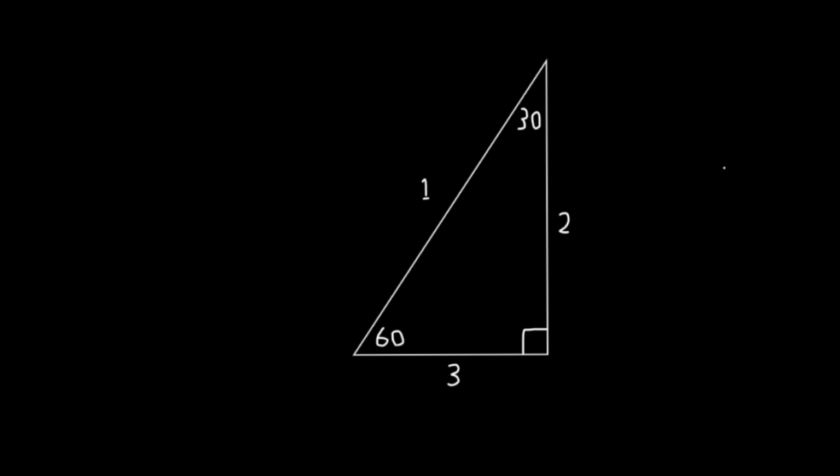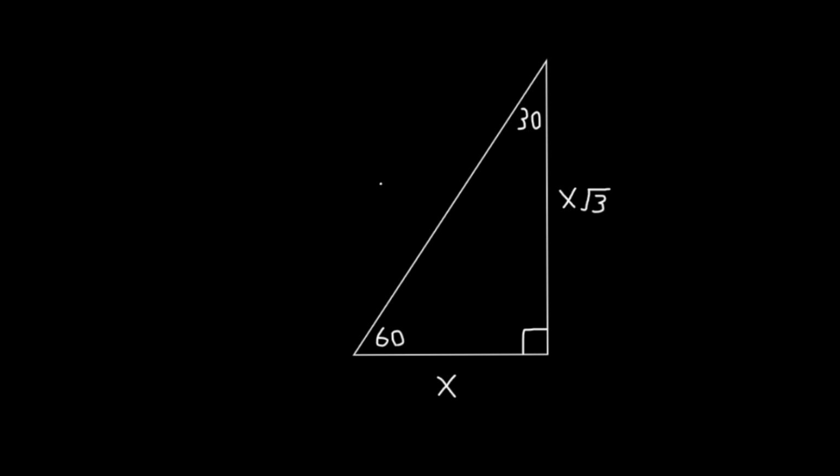So that should make it pretty easy to remember the basic structure of these triangles, but we're going to take it a step further. What if you want to know the exact length of all of the sides? I'm going to teach you about the relationships between the sides. Let's say that this side, the shortest side, is x. In that case, this vertical side is going to be x root 3.